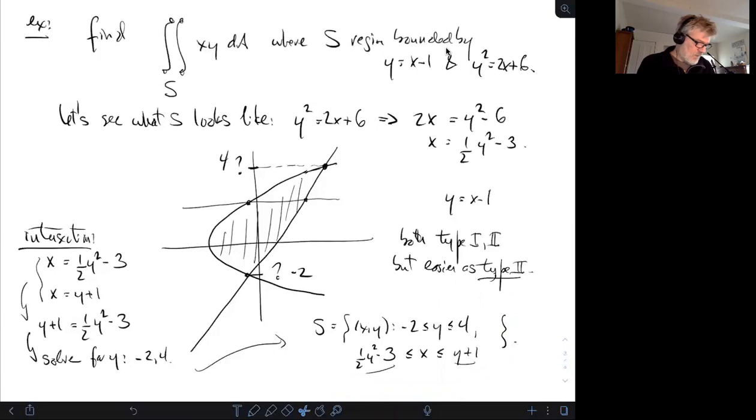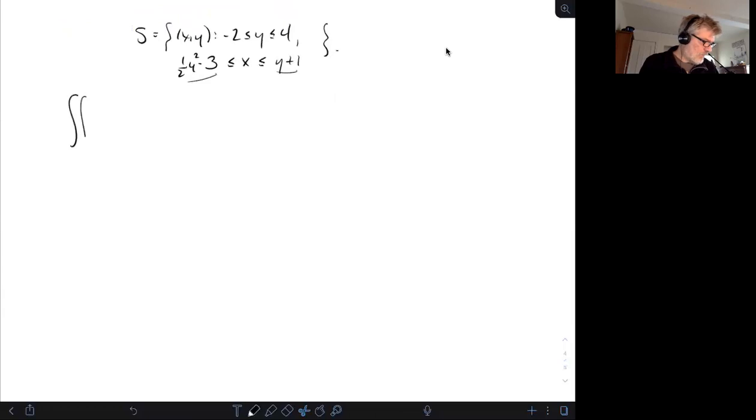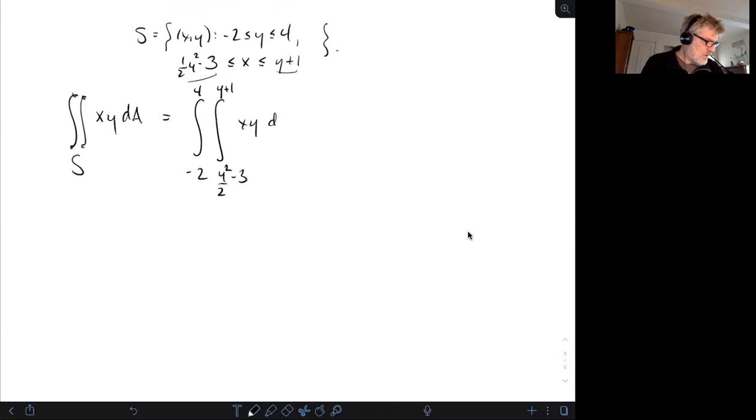Copy, not cut. Okay, so I want to compute. This is S, and I want to compute the double integral over S of x times y. So what is that? This is then the integral from -2 to 4, integral y squared over 2 minus 3 to y plus 1 of x times y dx dy.